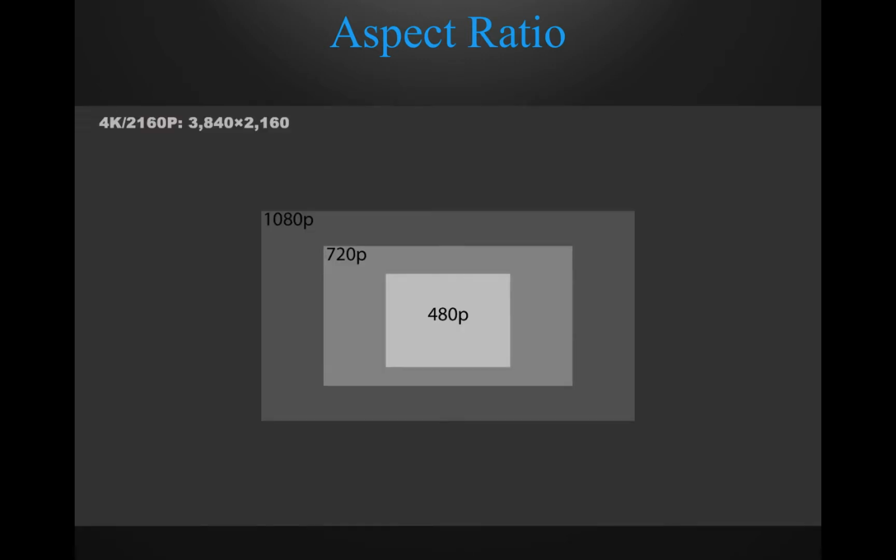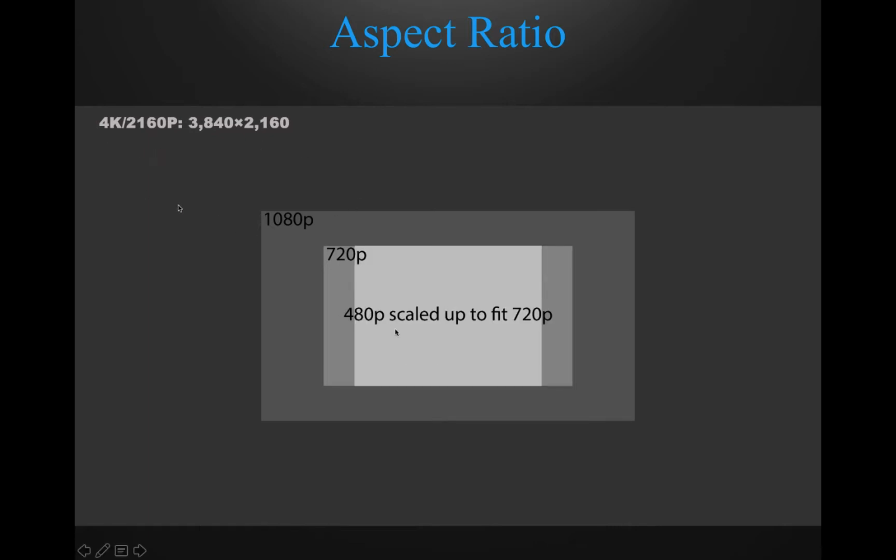Here's why. If I capture video at 720p, 1080p, or ultra high definition, all three of these have the same aspect ratio. 480p does not, and so what that means is that if we have a video that we didn't shoot in high enough quality, we need to make it larger, upsample it, scale it up.